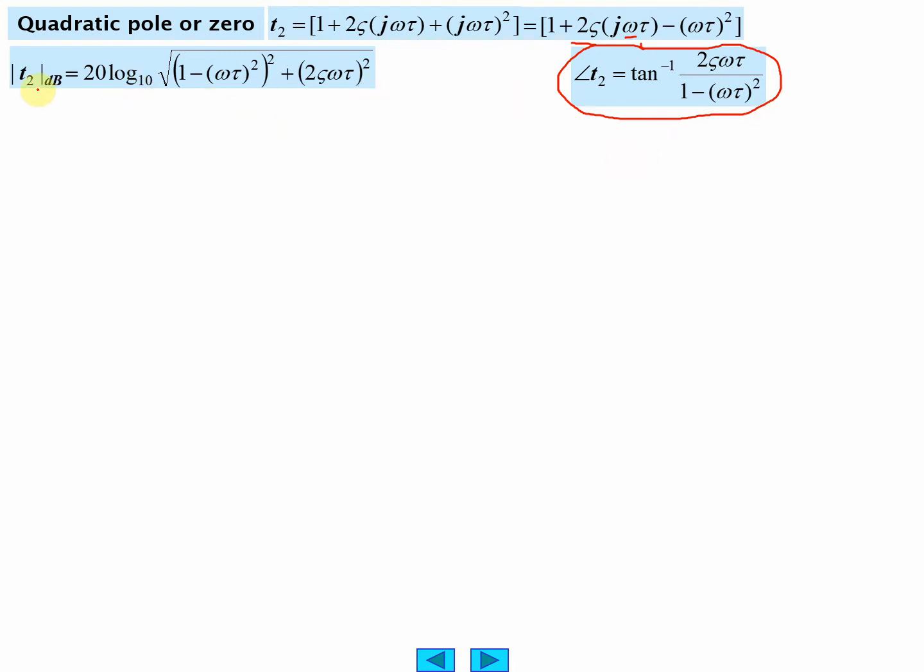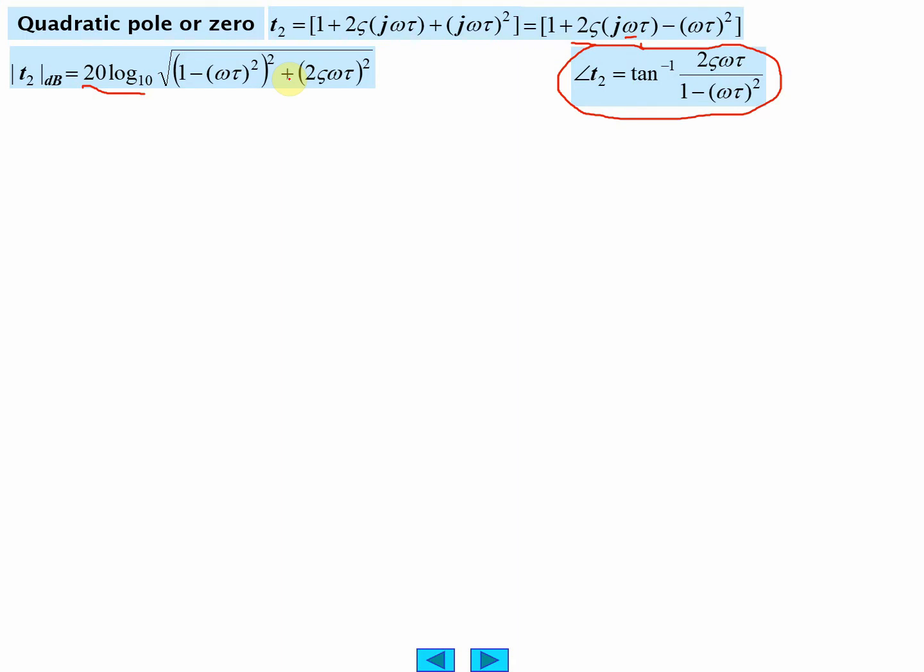And the magnitude then would be 20 log base 10, and this would have to be the log 10 of the magnitude of all this stuff right here. The magnitude of it.